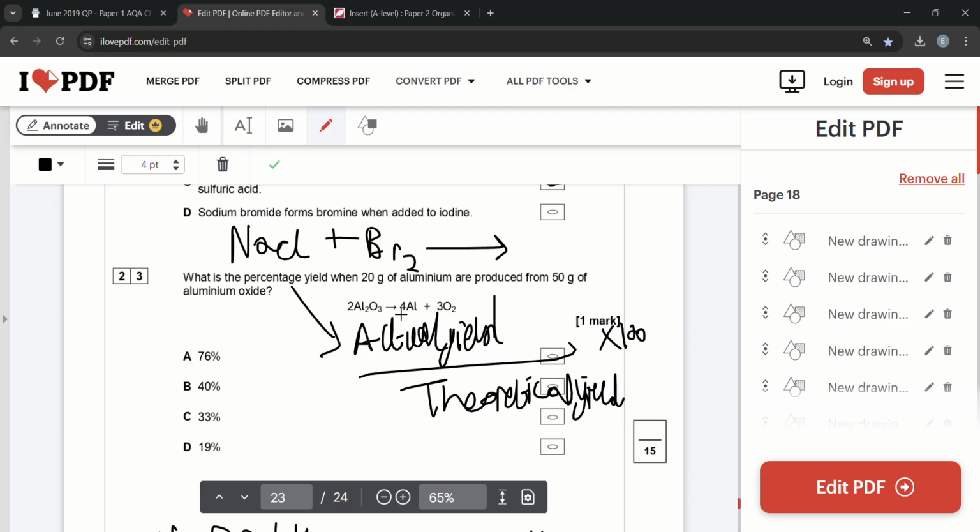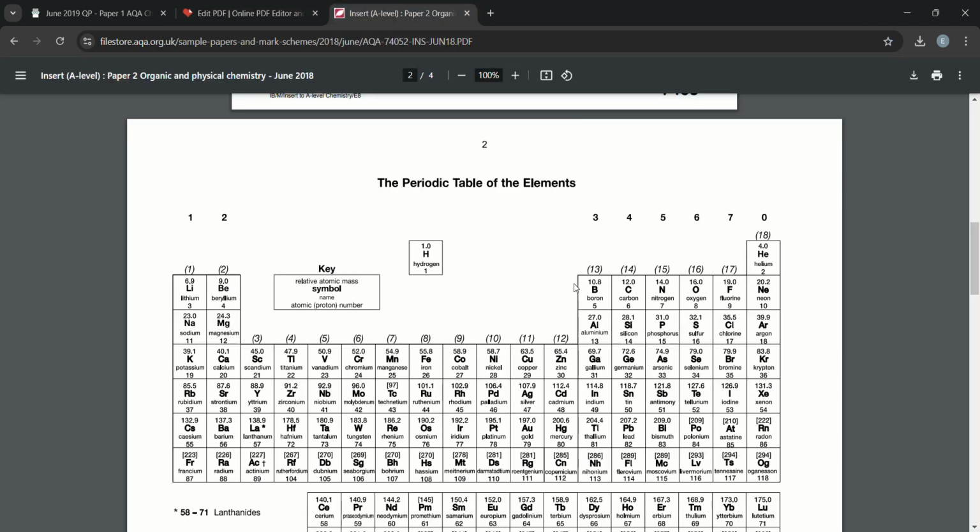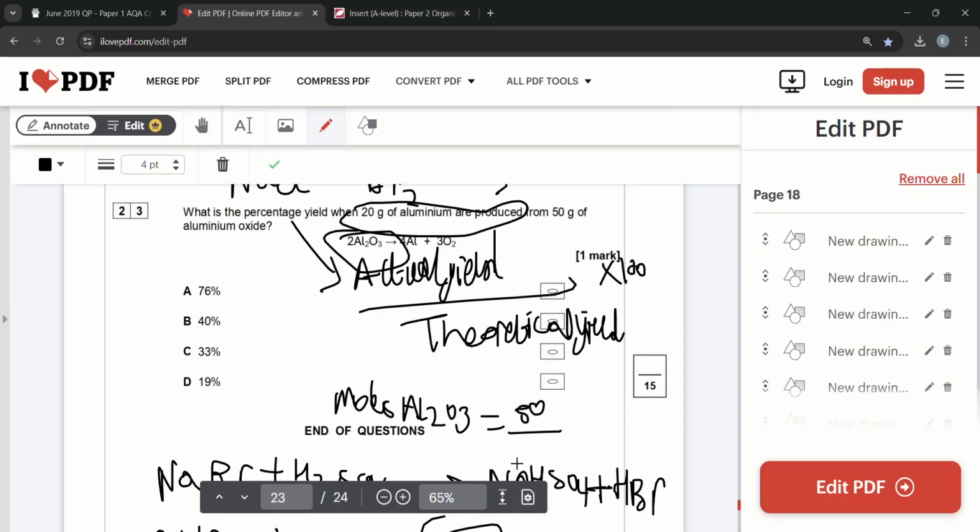We know this much is being produced from this much aluminium oxide. So we're going to find the moles of aluminium oxide, Al2O3, which is mass 50 divided by its Mr. Aluminium 27 plus 27 plus 16 plus 16 plus 16. Find out the moles of that.